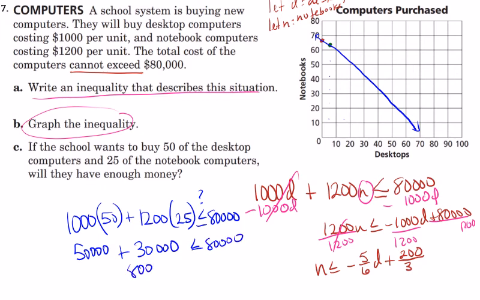And it turns out that we get 80,000 on the left. So is 80,000 less than or equal to 80,000? Yep, sure is. If it wasn't an or equal to, if it said it had to be less than, then it would not be true. But or equal to means that 80,000 is included. And so the answer is yes, they will have enough money.